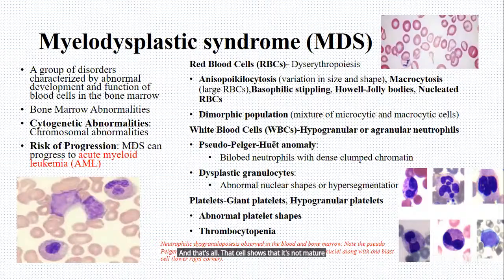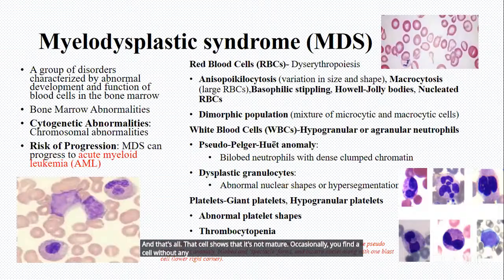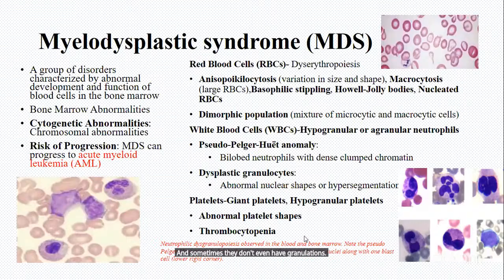Occasionally, you find a cell without any nuclear joiner, each lobe just separate from the other. And sometimes they don't even have granulations. Anytime you see such things on the microscope in mature cells, then know that you could be dealing with myelodysplastic syndrome.